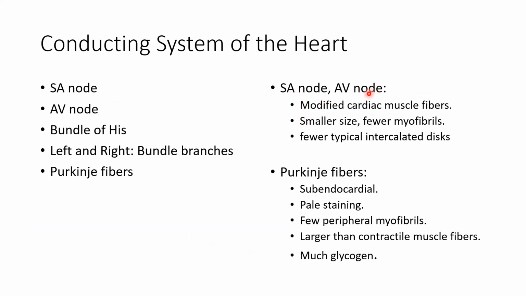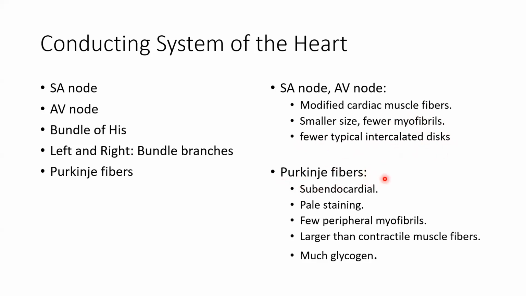The nodes, the AV and the SA nodes, are smaller in size and they have fewer myofibrils. So their main function is not contraction. It is the initiation of the impulse. So they don't need a lot of myofibrils. And they have fewer typical intercalated discs. They are also specialized for the transmission of the impulses.